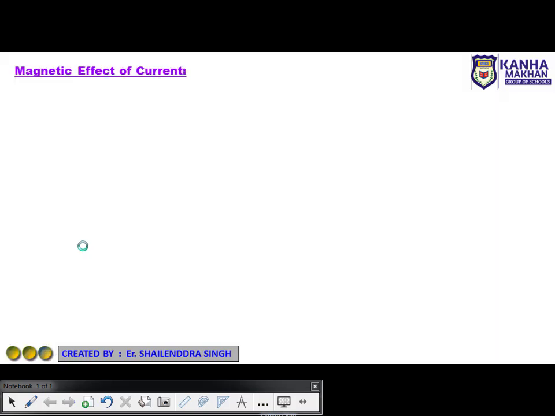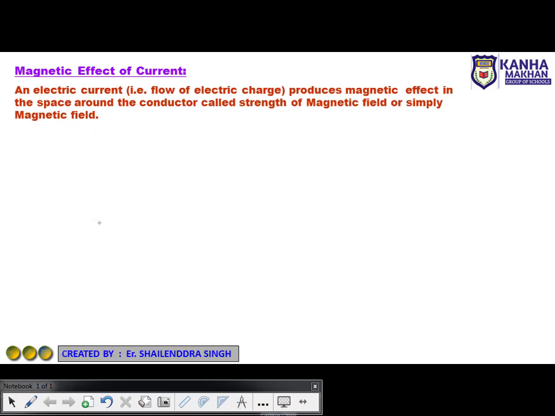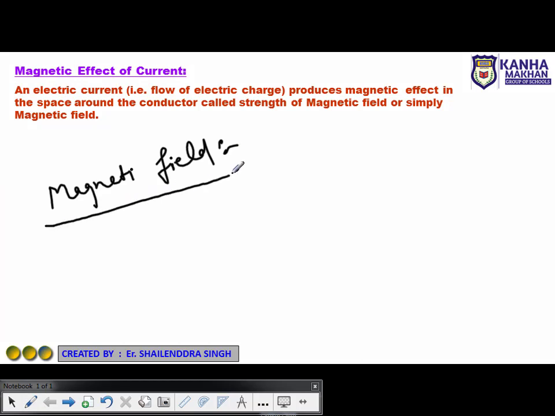Okay. Now we will discuss the magnetic effect of current, and that discussion can be experimentally shown by the Oersted experiment. First of all, I want to tell you what the magnetic field is. The region near a magnet where a magnetic needle experiences a torque and rests in a definite direction is called the magnetic field.